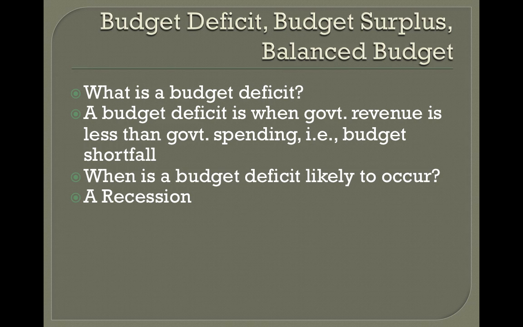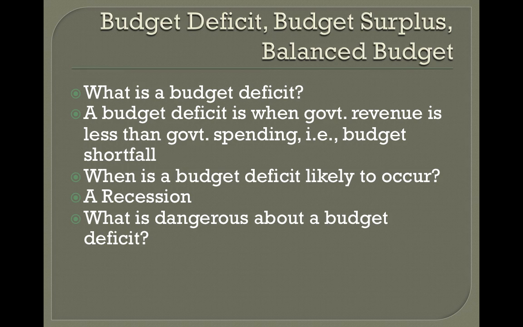So during a recession, the government tends to collect less in taxes because not as many people are working, and also we have more people that need financial assistance, which the government gives. So again, this is typically when a budget deficit is likely to occur.